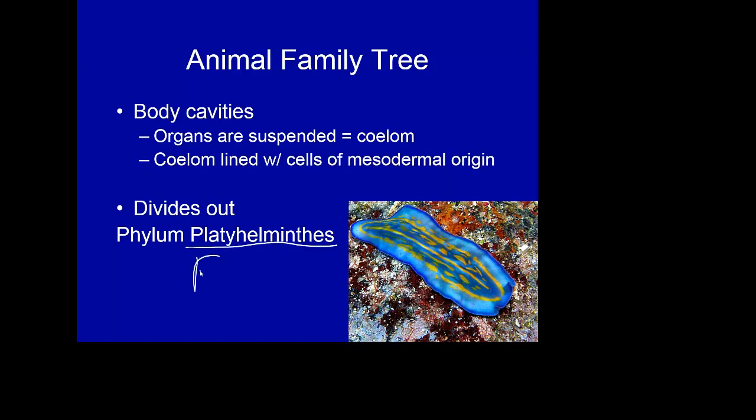Platyhelminthes refers to our flatworms. Okay? So when we look at our flatworms, this is a beautiful one known as a nudibranch. Very common in the oceans. When we look at these, we are looking for ways in which these organisms can be structured and divided out on our cladogram. That's the whole idea, right? We're building that tree of life.